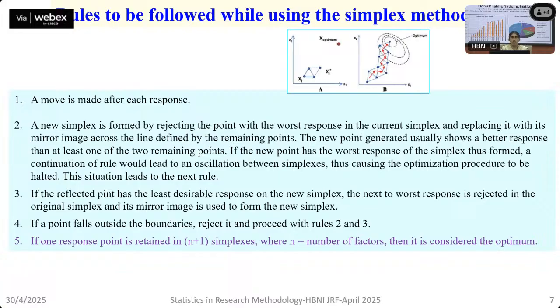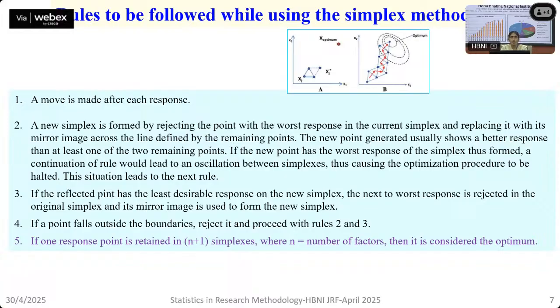If you find that during the optimization, a point is falling outside the boundaries defined by the original triangle, then reject it. These are the points where you utilize our previous experiences with the outliers, as we have seen the F ratio, all those functions whichever we learned till date will be utilized during this optimization.